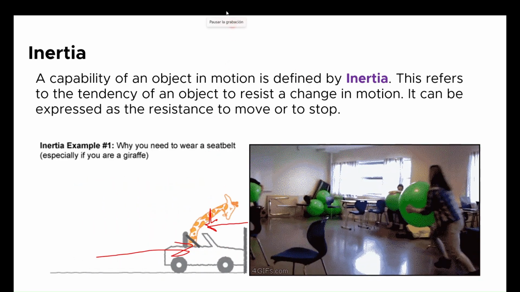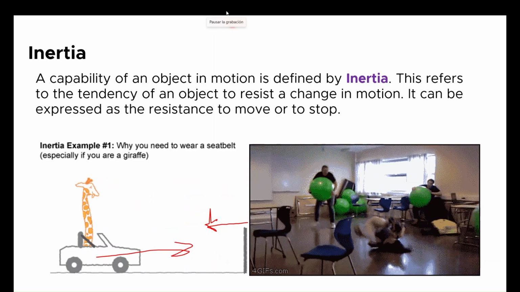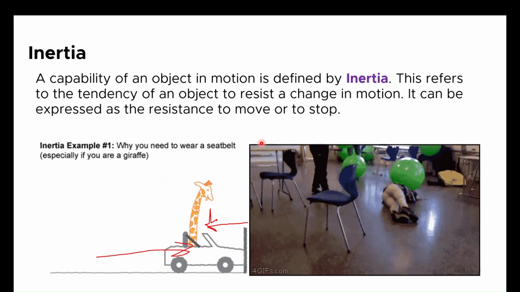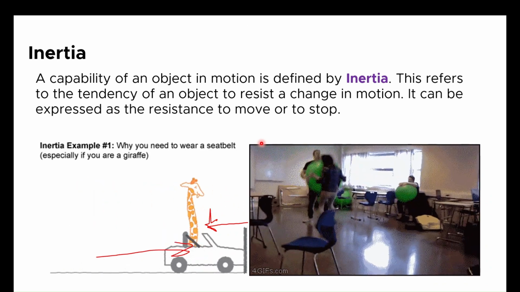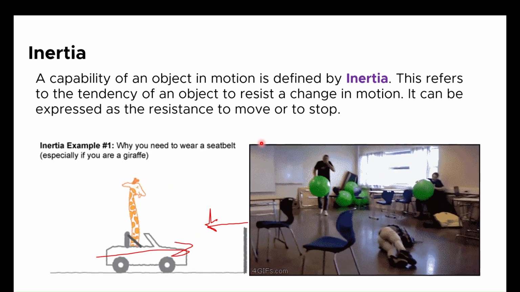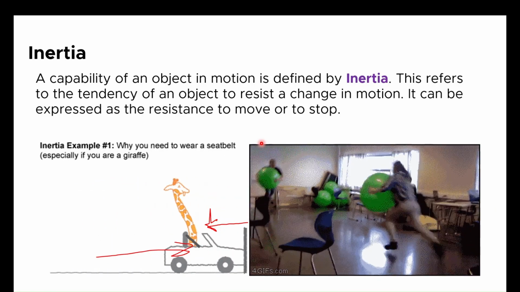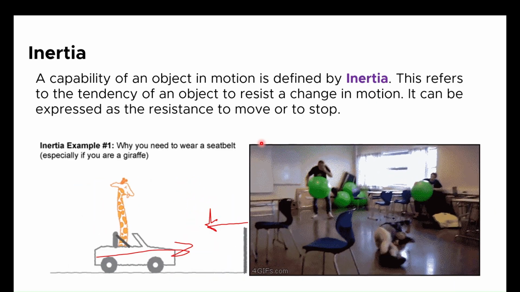The first concept that we must be aware of is the concept of inertia. Inertia is the capability of an object to resist a change. It can be an object in motion or an object at rest. Inertia can be expressed as the resistance to move or to stop.